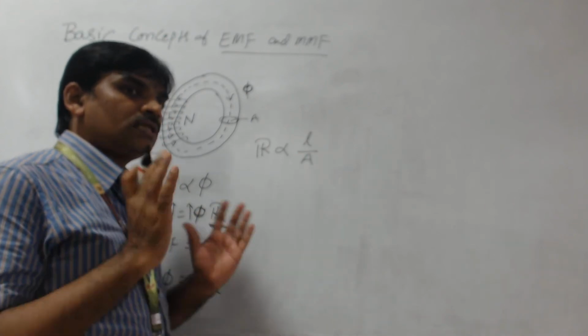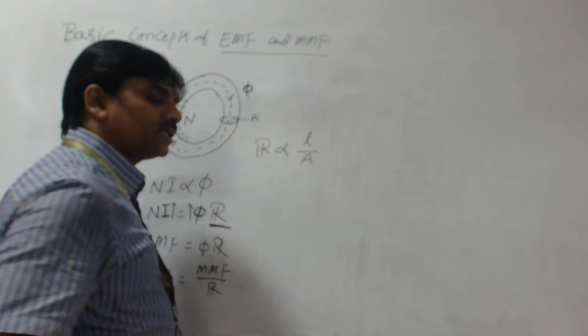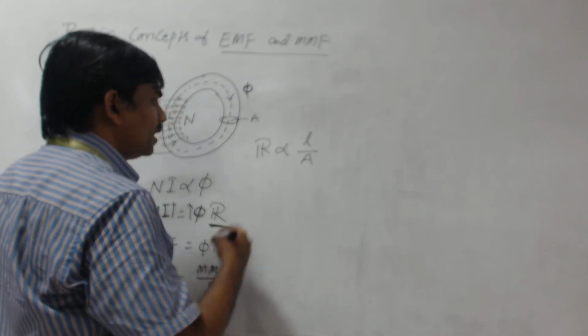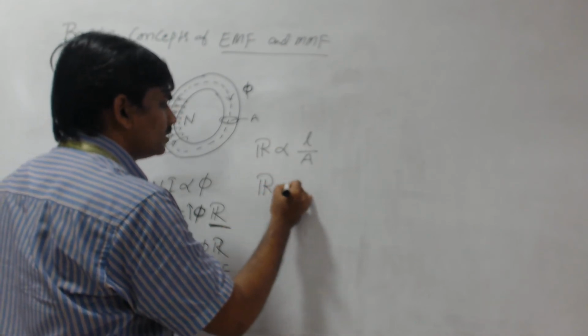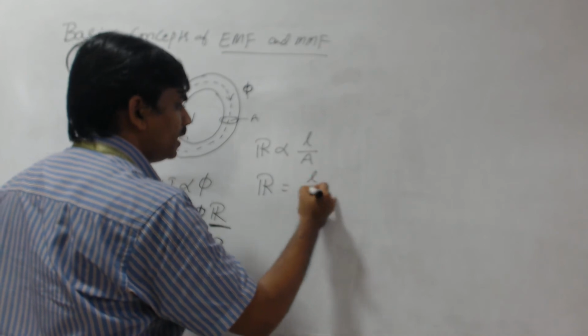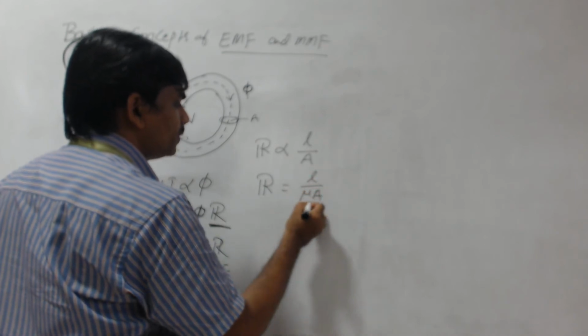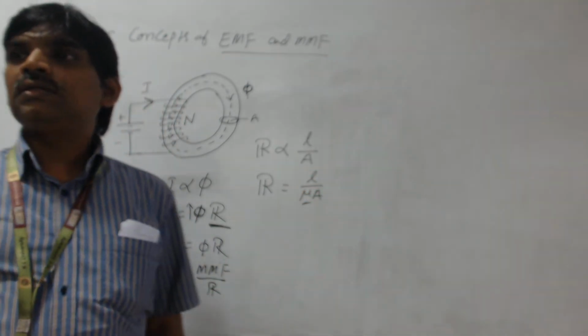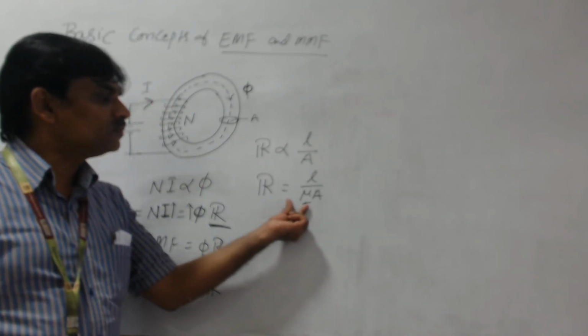So if the area is large, the reluctance is very less. R is equal to L by mu A, where mu is the permeability, a magnetic conductive property.